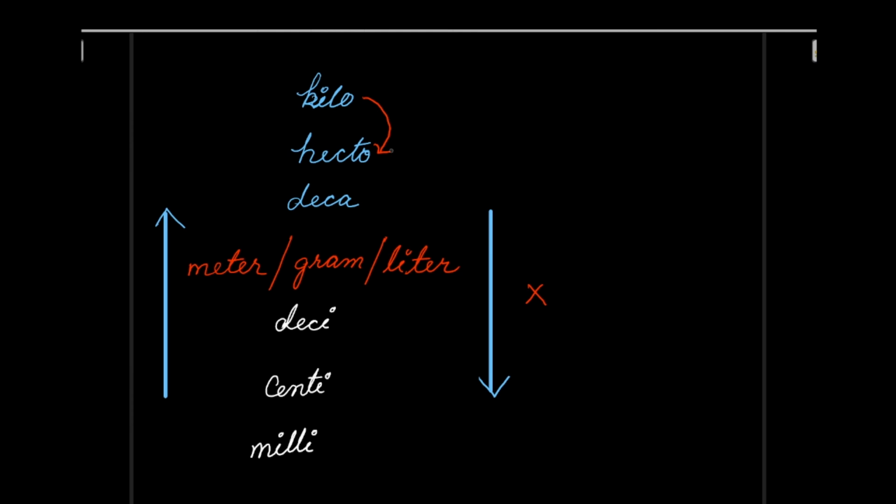Okay, so again if you convert kilometer to suppose decameter, how many steps we have to come down? 2 steps. Then you have to multiply by 100. 1 step 10, 3 steps 1000, like that.